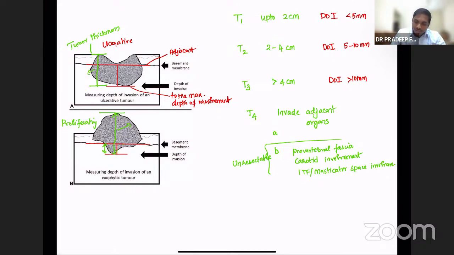Then with regard to the surgical margins, when it is less than or equal to 1 mm, it is called a positive margin.